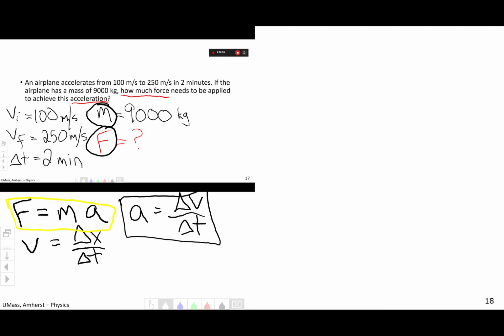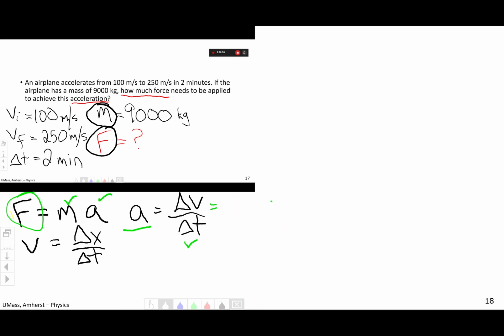And let's do a quick sanity check to see whether or not we can solve this. All right, delta V is the same thing as saying VF minus VI. Do we have VF and VI? Yes, we do. We have delta T. So we could solve for this, which would then give us that. We know mass, and we can solve for force. So let's go ahead and do that.